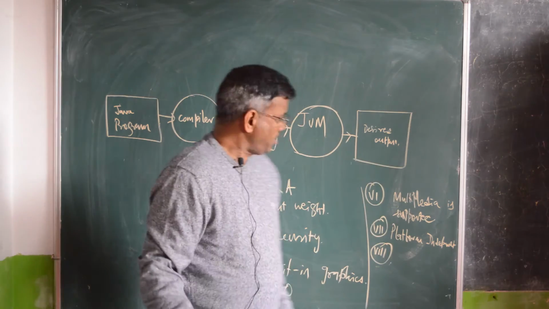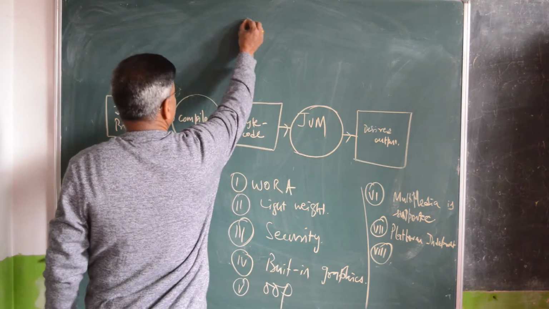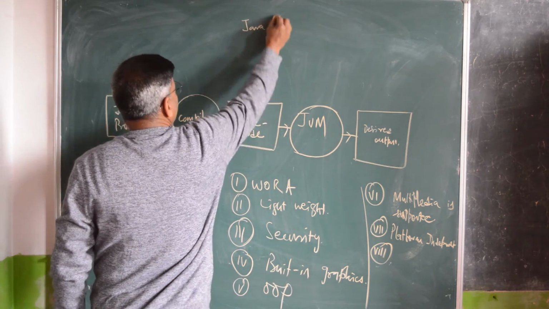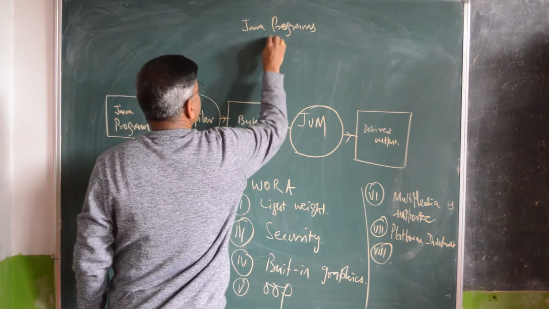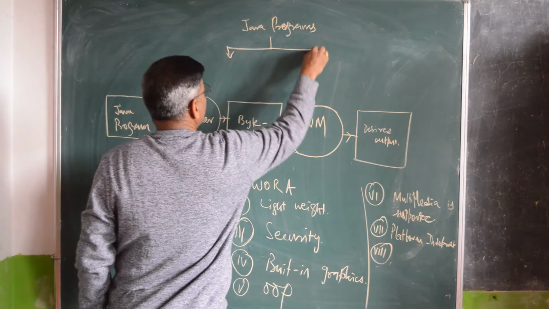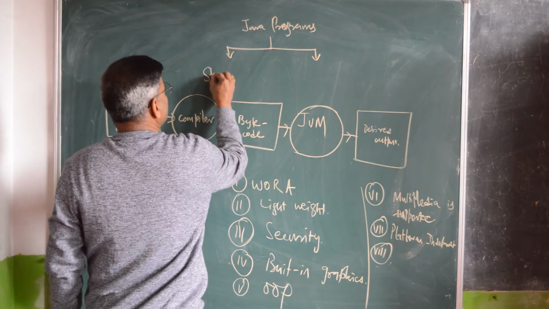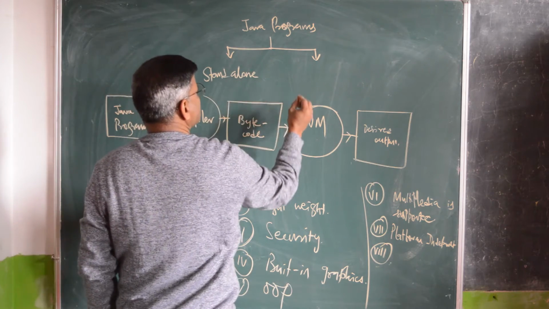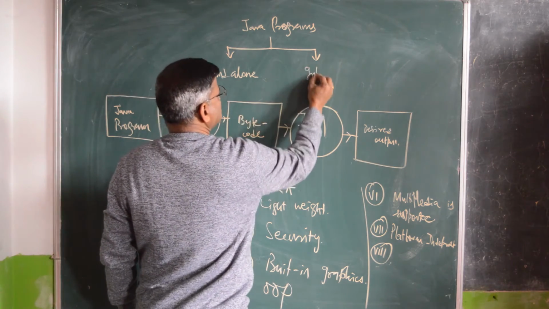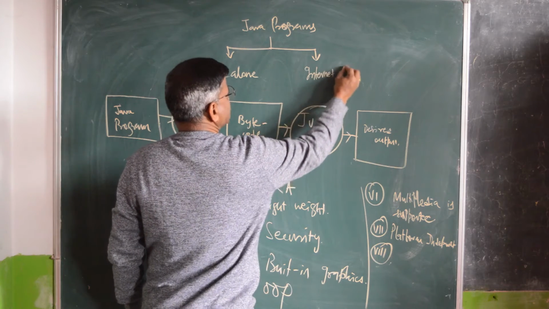Now, there are 2 types of Java programs. One is called standalone. Another one is called internet applet.